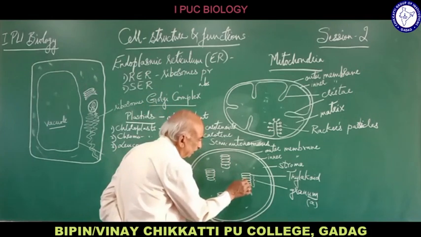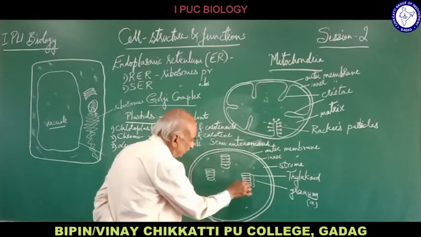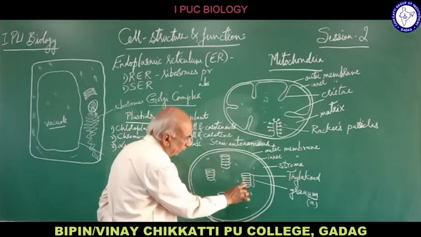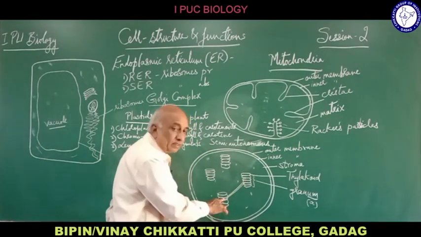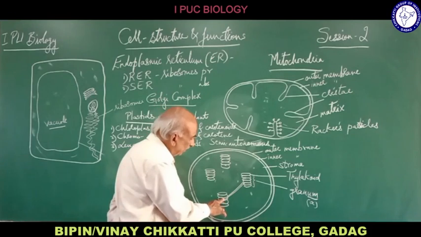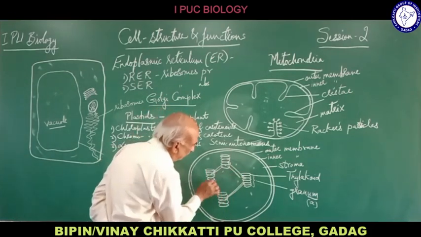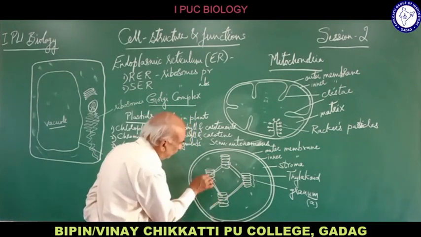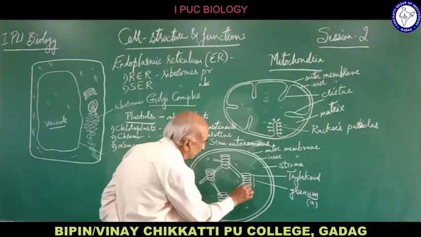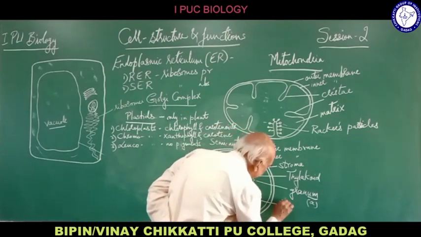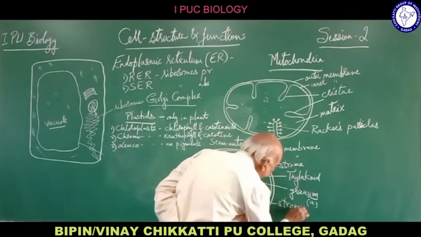The grana which are present freely are again connected to each other. A thylakoid of one granum is connected to the thylakoid of another granum, like this. So this is how the connection takes place. This is connected to another thylakoid like this. These structures are called stroma lamellae.